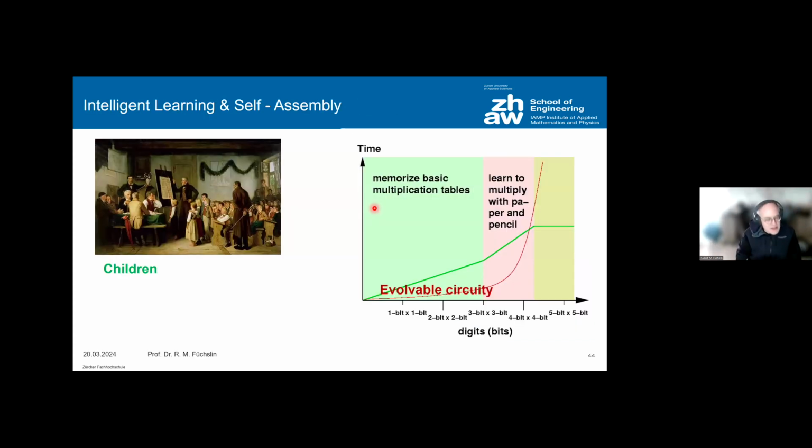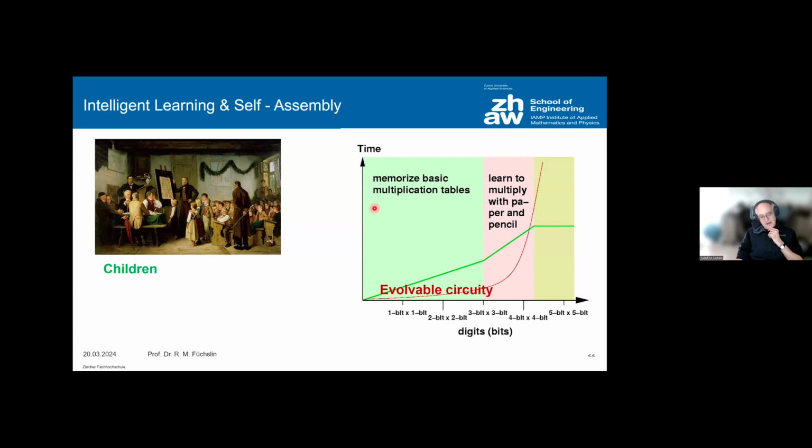Now, I spoke about self-assembly, and I think that self-assembly is one of the most underestimated fundamental processes, also with respect to information processes. A couple of years ago, I wondered, why is it the case that children can multiply more or less arbitrarily large numbers?